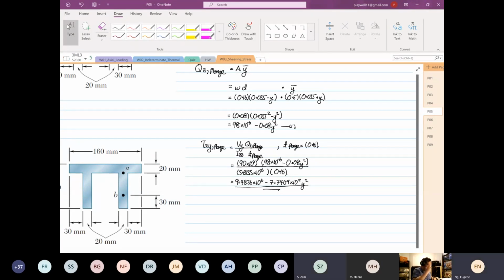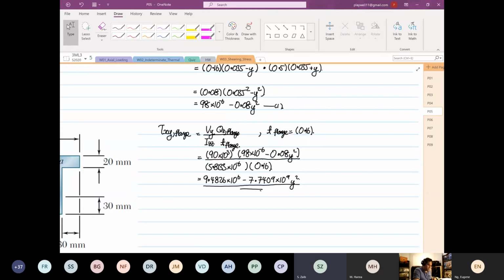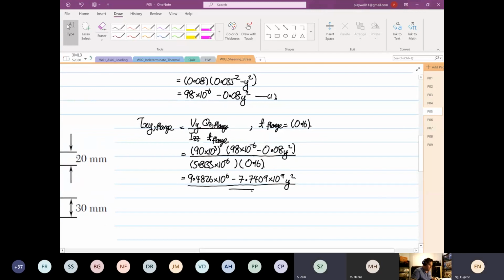Eugene: Yeah, if you put y as 0.035, you should get the maximum shear. It's the opposite. If I put y is equal to 0.035, the whole equation is equal to what? 0. There you go.